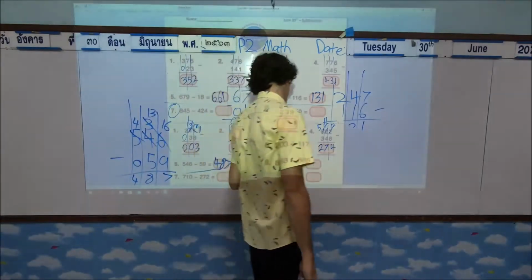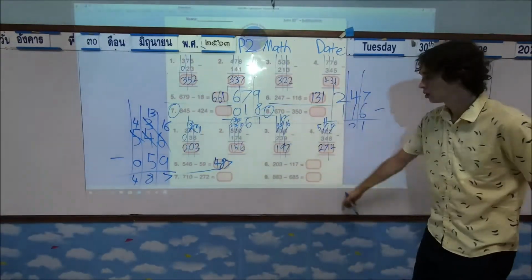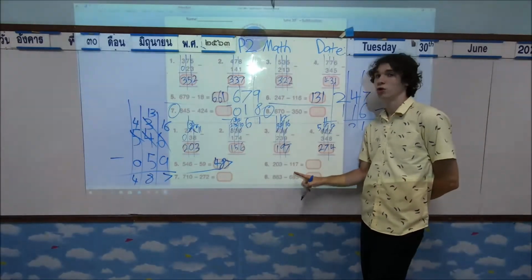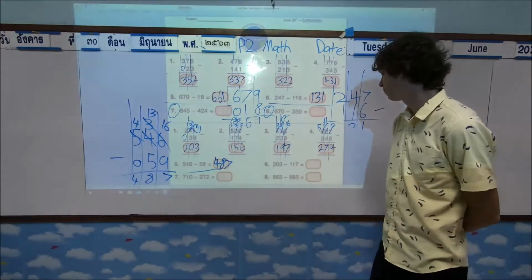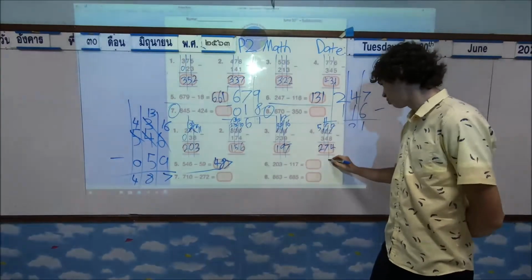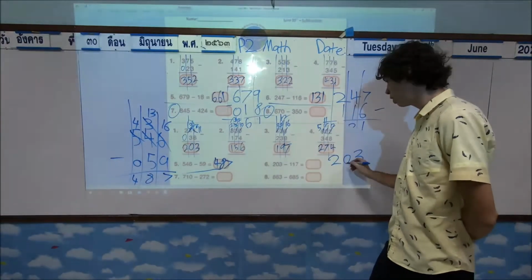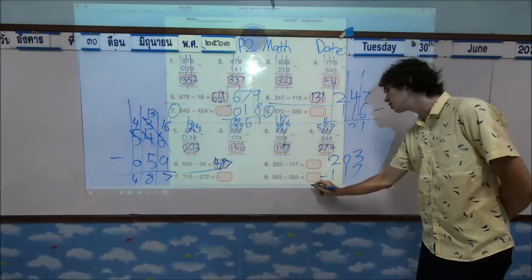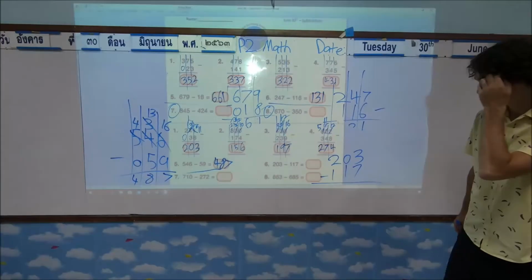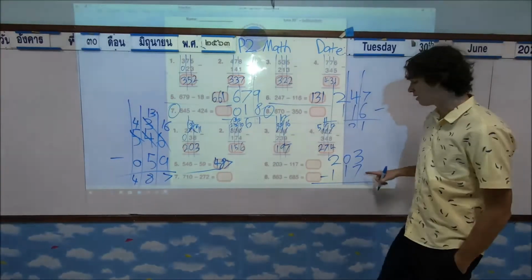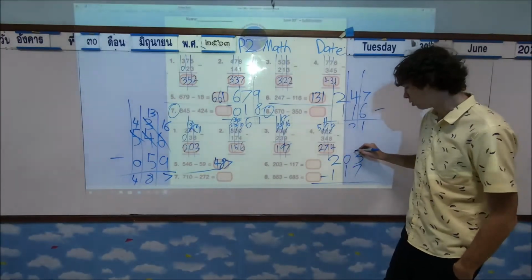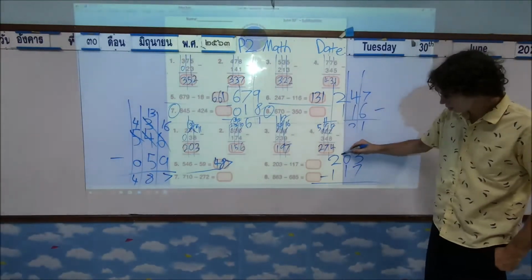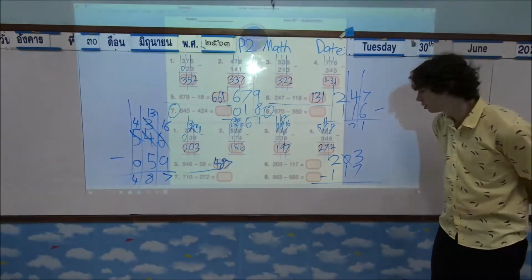And number 6, the last one. 203 minus 117. Write it up and down. 203 minus 117. 3 minus 7, we have to borrow. Can I borrow from a 0? Can I take away 1?